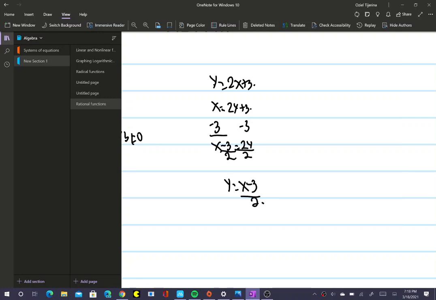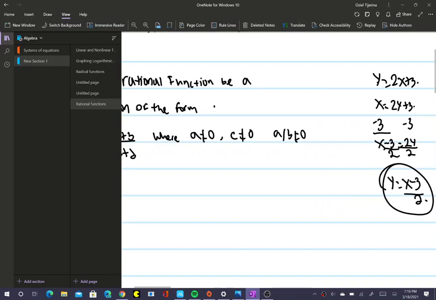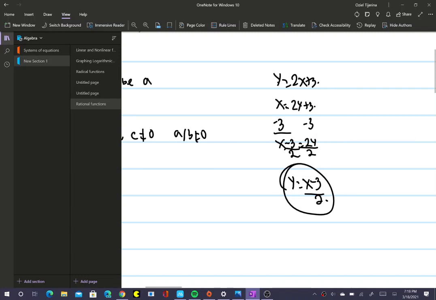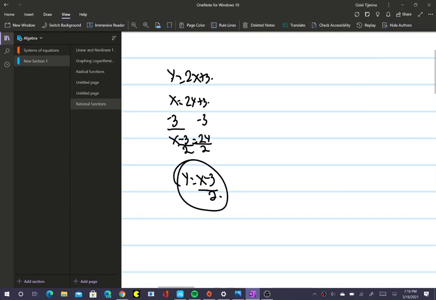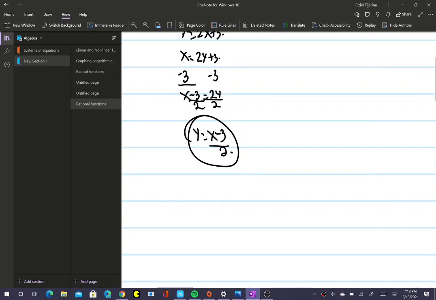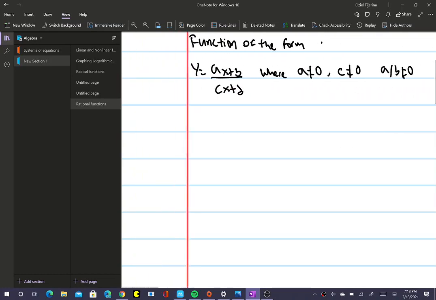So this does look like a rational function, but there's a specific kind where you have to have an x at the bottom. You have to have a variable x at the bottom for it to be a rational function.